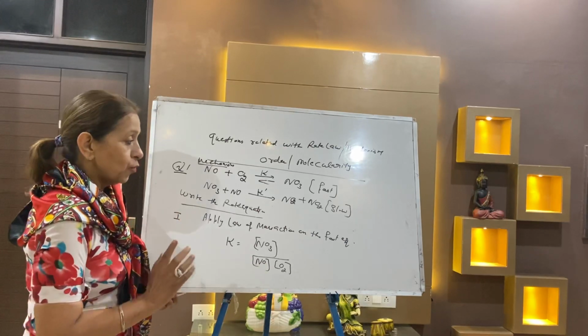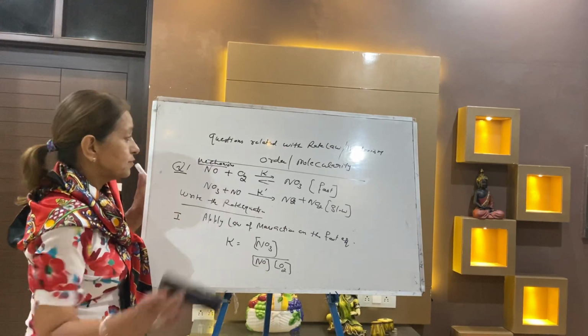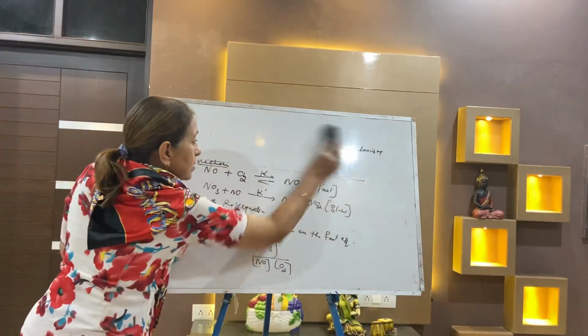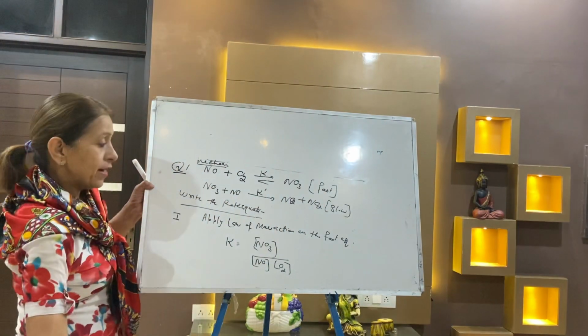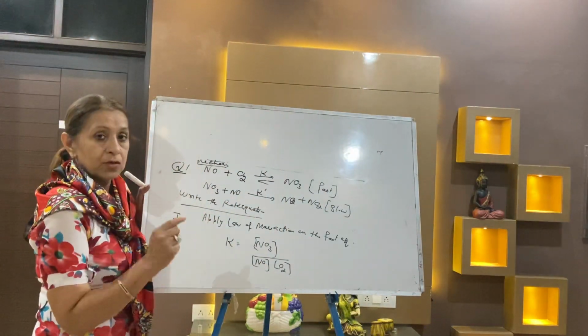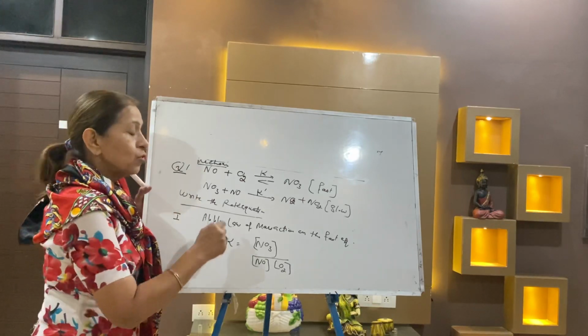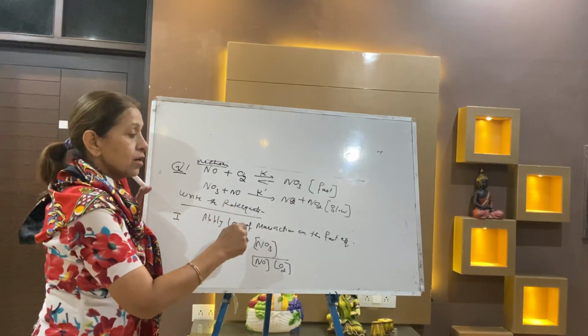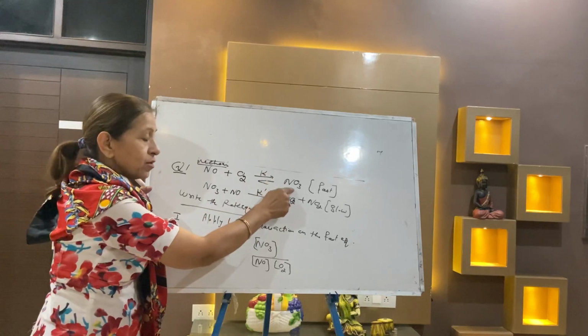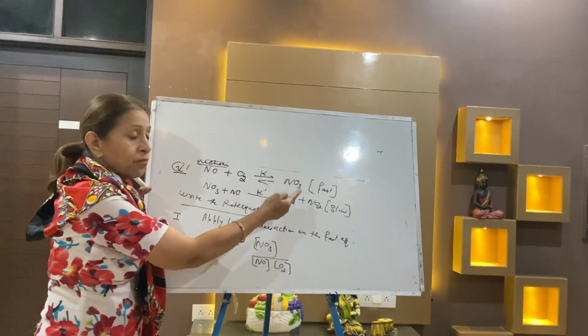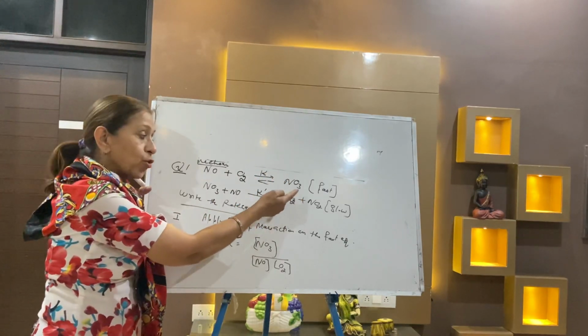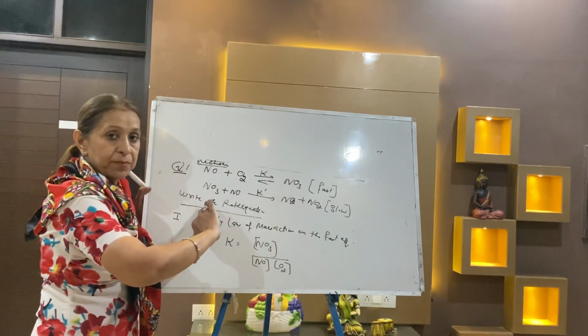Now what will you do? Second step: you will calculate the value of the product which is coming out from the fast step and going to add in the slow step.